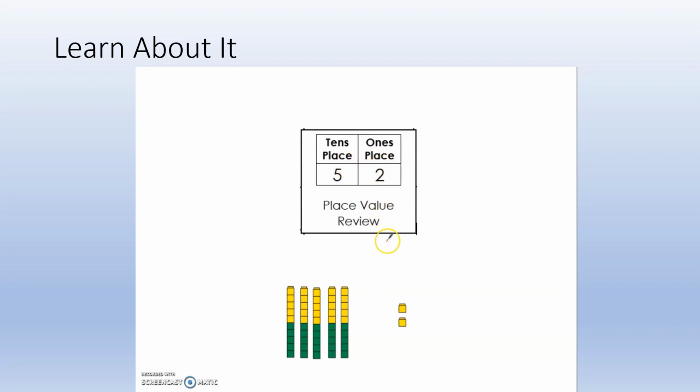The 2 in the ones place in the number 52 stands for 2 ones with a value of 2. The 5 in the tens place stands for 5 tens or 50. So we get the total of 52 from the value of the tens being 50 and the value of the ones being 2.